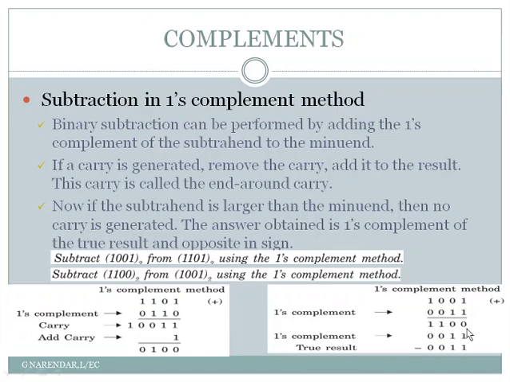To see the actual result, you have to take the ones complement of the result and put a minus sign before it. After taking the ones complement of this result, you get 0011. The actual result is minus 0011, so this is minus 3.